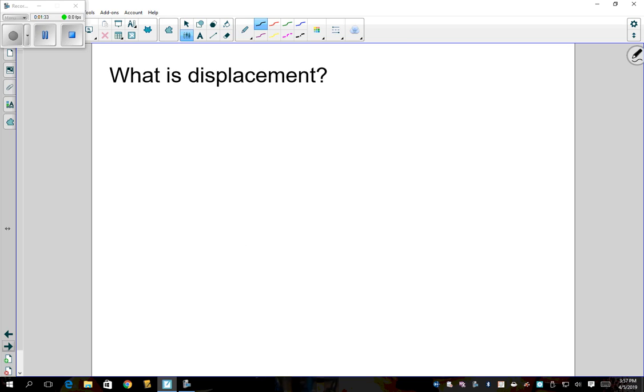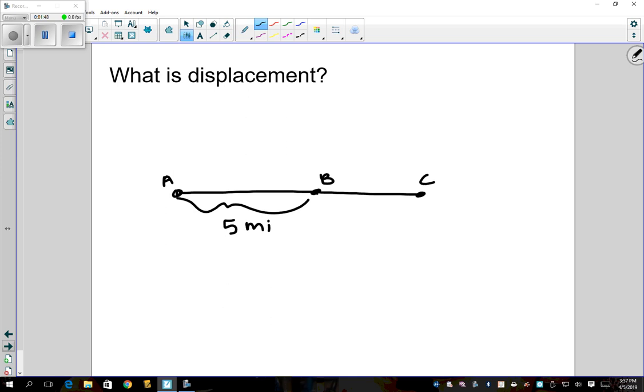So if I am walking from point A to point B, and then from B to point C. From point A to B is, let's say, 5 miles. From point B to C is 2 miles. My total displacement from A to C is going to be 7 miles.